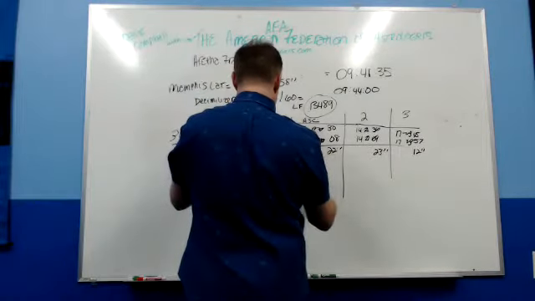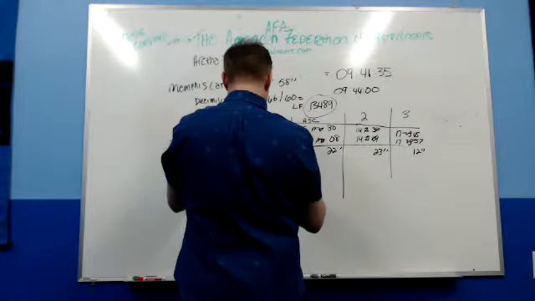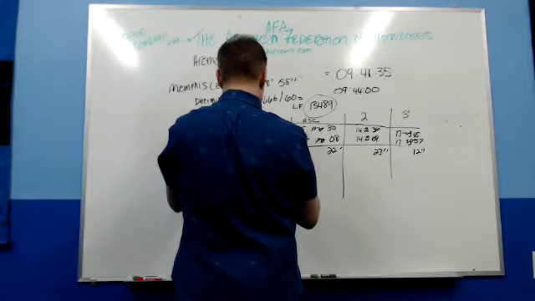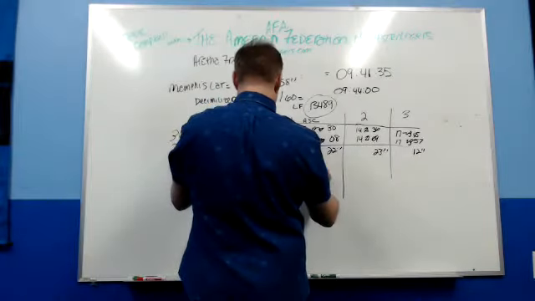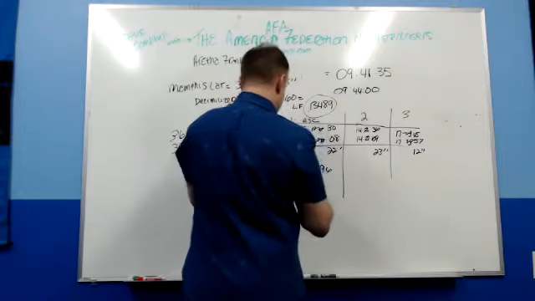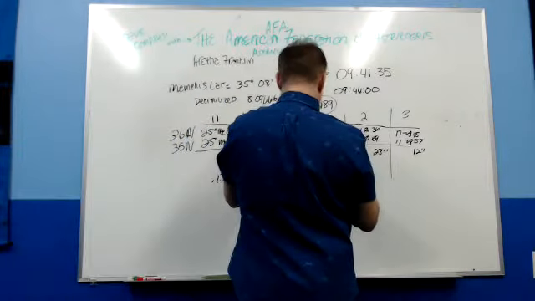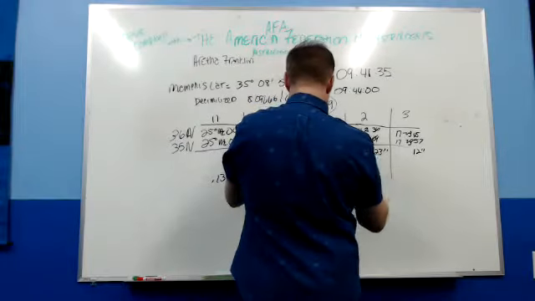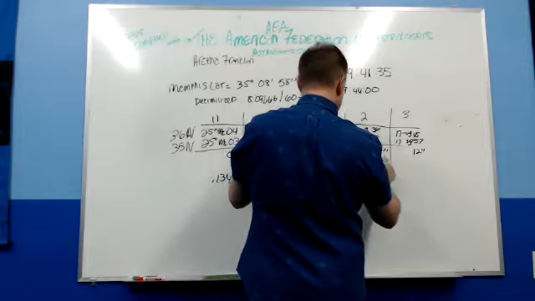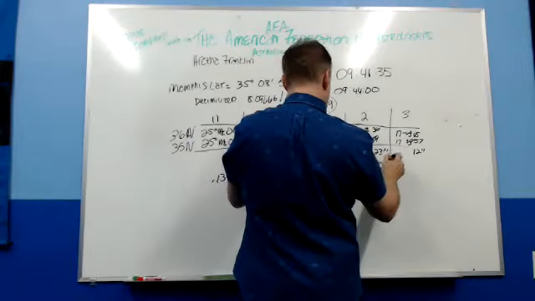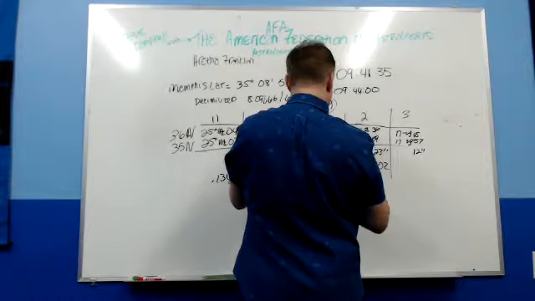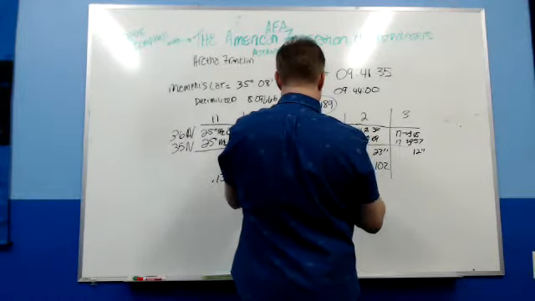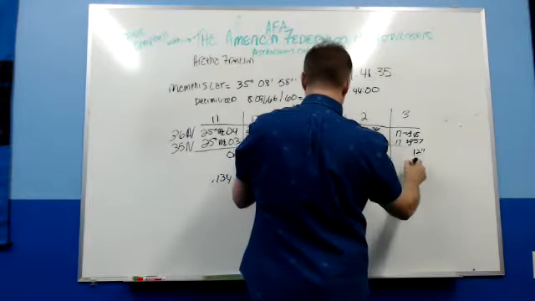Then this one, 22 minutes times 0.13489 is 2.96. This one, 0.13489 times 23 minutes is 3.10. And then 12 times 0.13489 is 1.618.